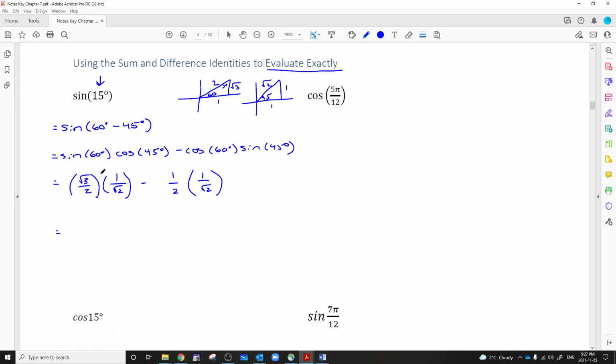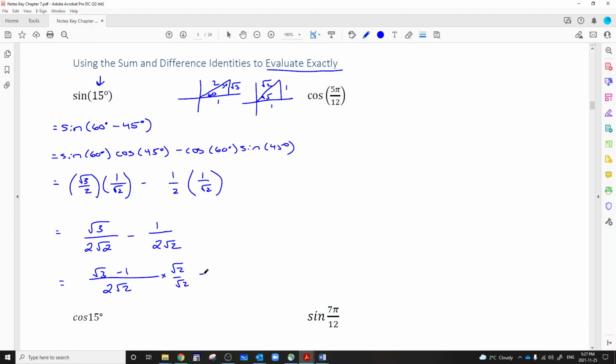So I'm going to simplify this by multiplying. I end up with root 3 times 1, which is root 3, over 2 root 2, minus 1 times 1 is 1 over 2 root 2. Now I'm going to subtract. I already have my common denominator of 2 root 2, and I'd have root 3 minus 1. Now, because I didn't rationalize yet, I have to rationalize.